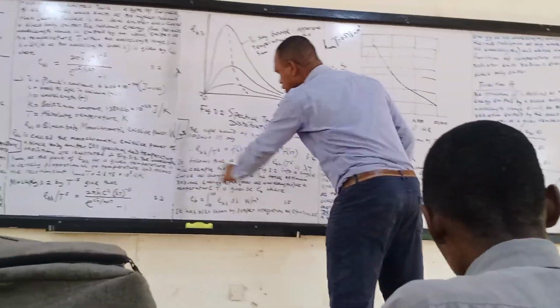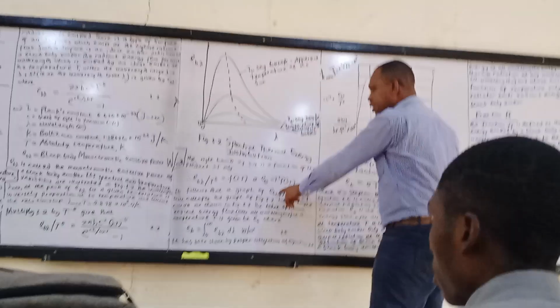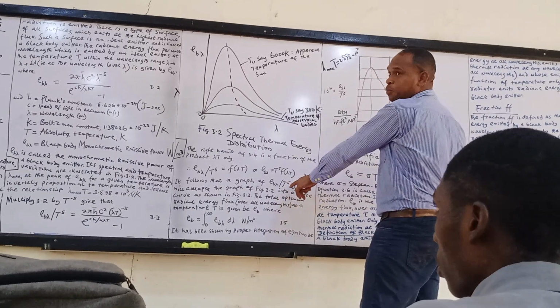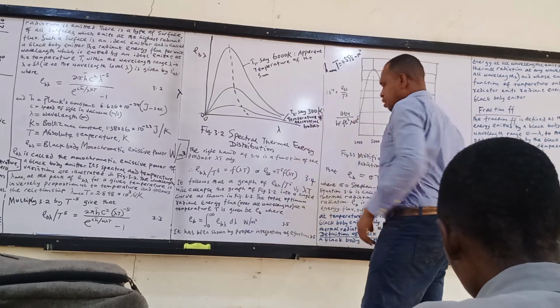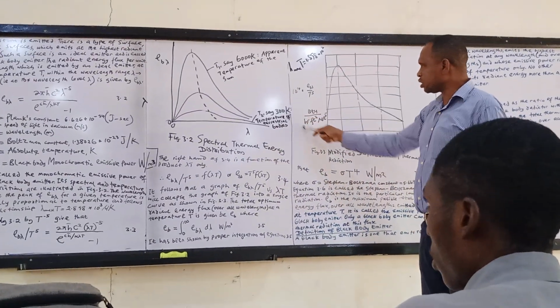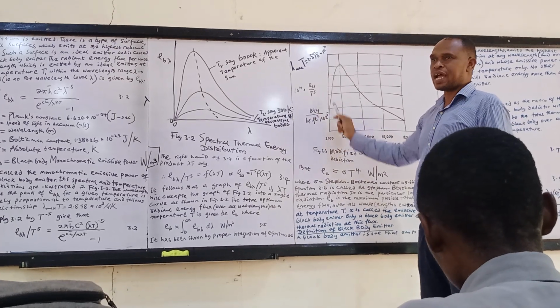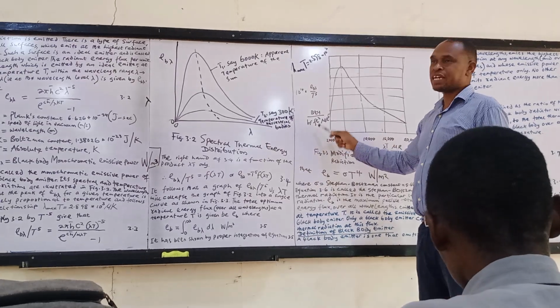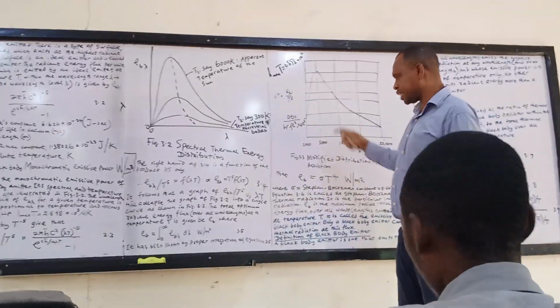So now it follows that a graph of E_b lambda over T raised to power 5 versus lambda T, that is this one. Forget about this unit. This unit is a kind of British unit. I would have converted it to the SI unit, but that's next time.